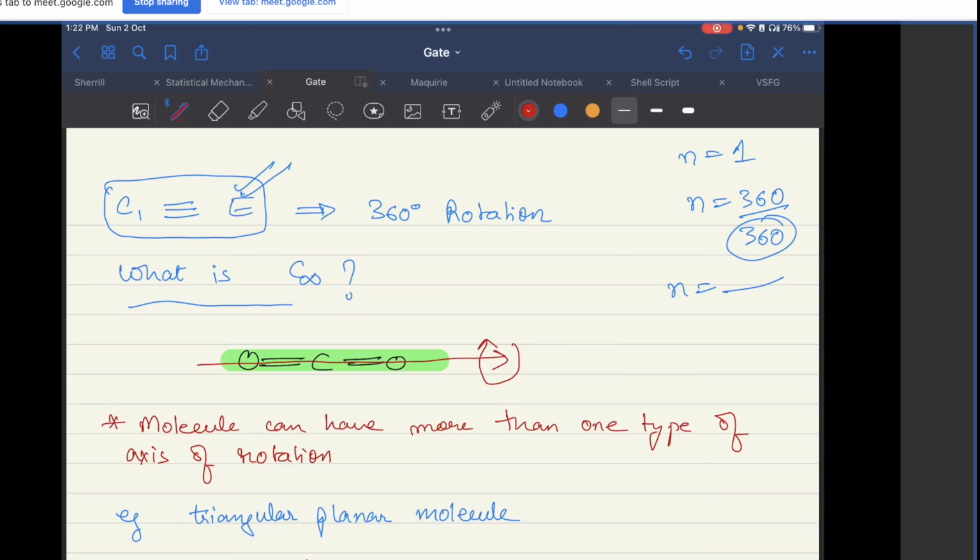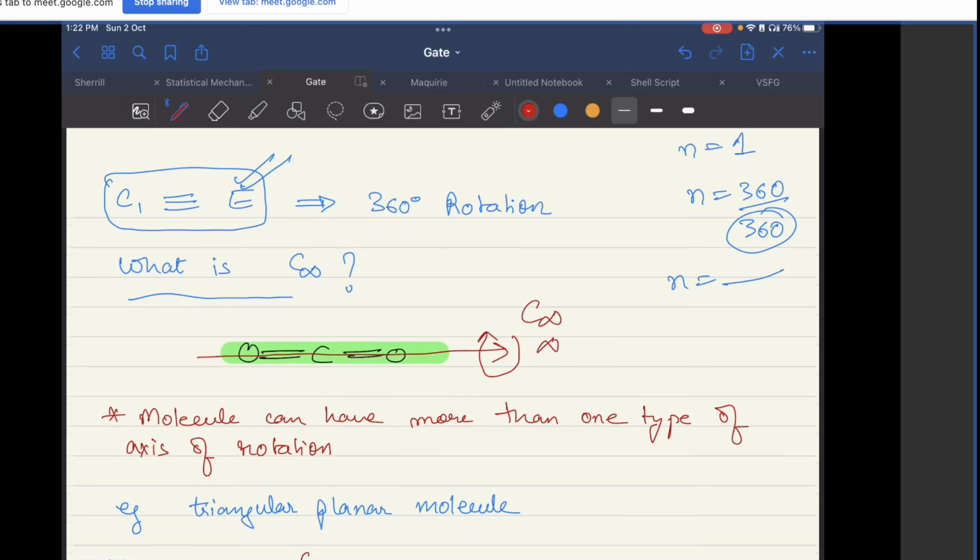So the order of the rotation for the symmetry element C axis has become infinite here. So this will be denoted as C infinite, and this is a highly symmetric molecule.